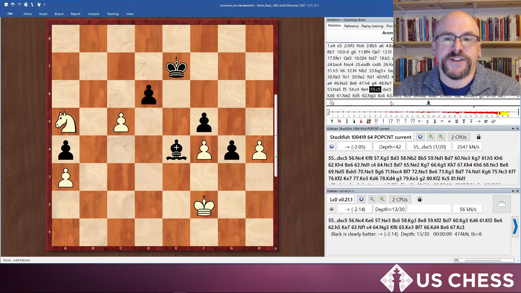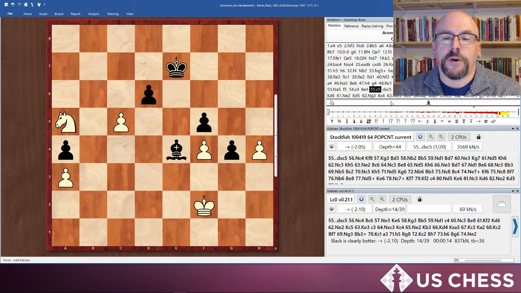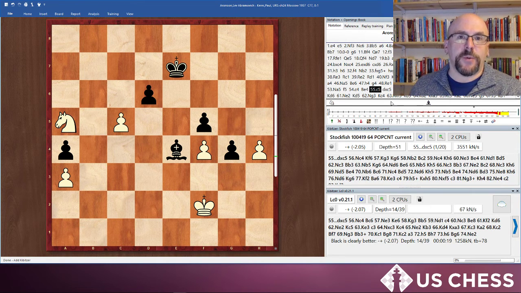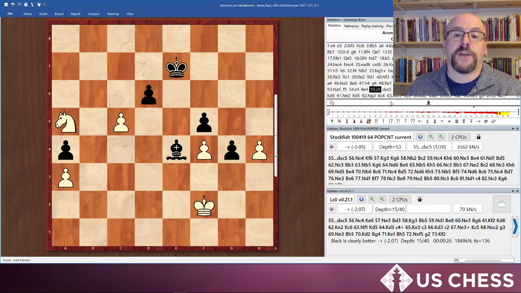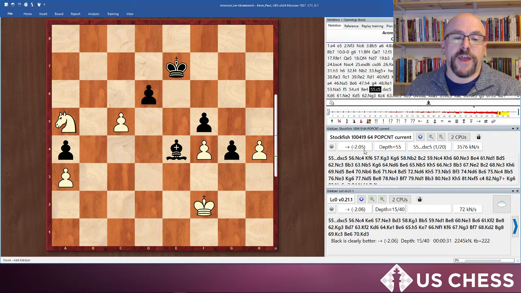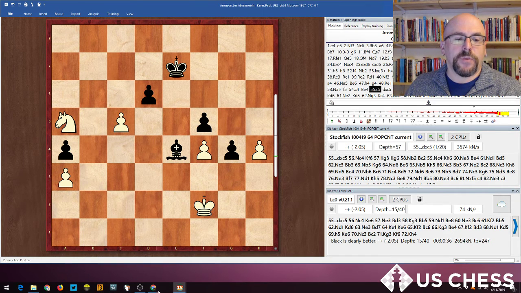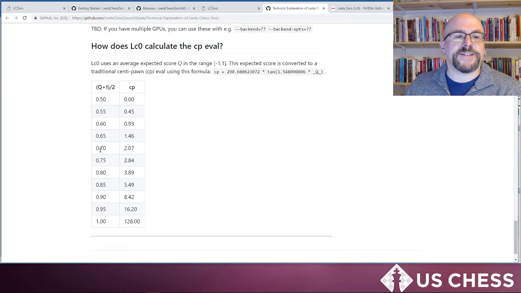When you watch computer chess aficionados watch the games that were played, for example, in the TCEC Championship or Chess.com Championships, they get very excited about the difference in evaluation. And the important thing to understand is that they're telling you two different things. Stockfish is saying that it thinks black is approximately 2 pawns better here. Leela Chess is thinking that, if we translate it back, approximately 70% of the time black is winning.